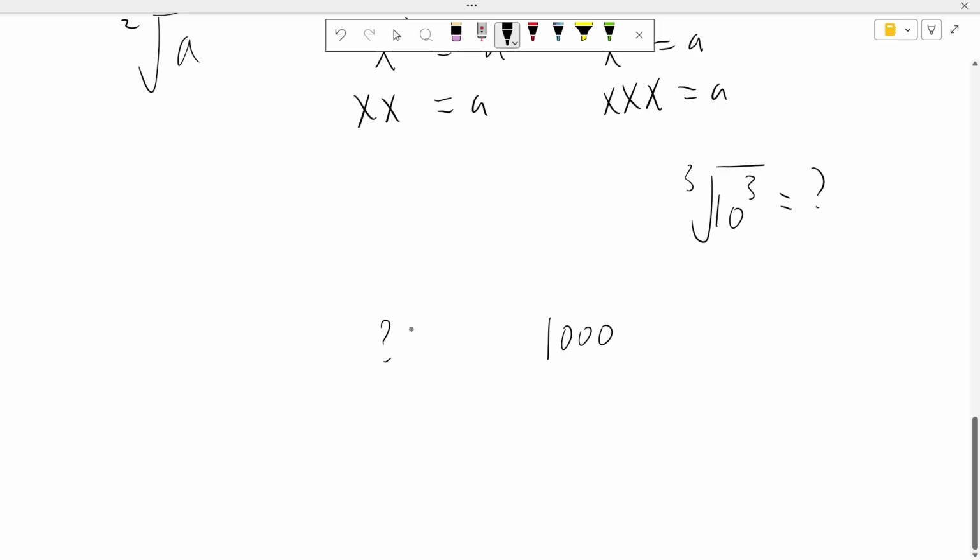So what number raised to the third power results in this? We can see that it's 10 just from looking at it. If we put 10 here, then it becomes equal.